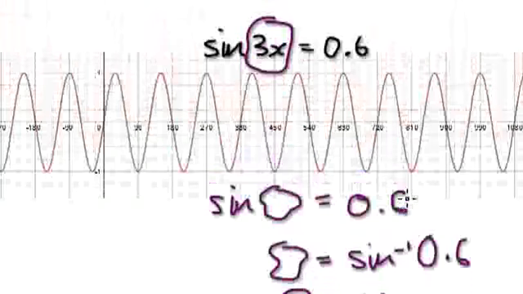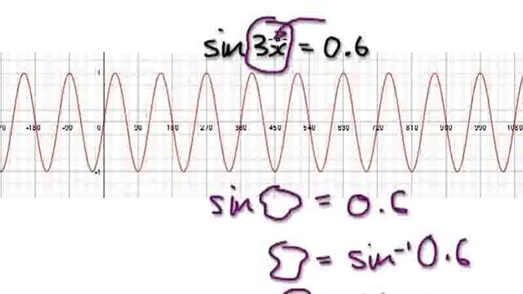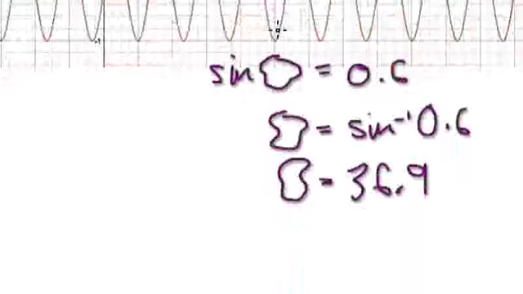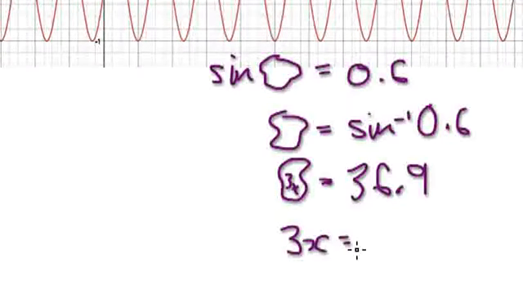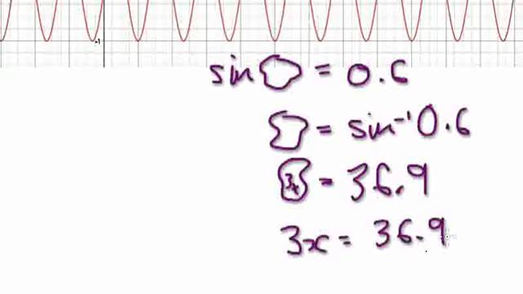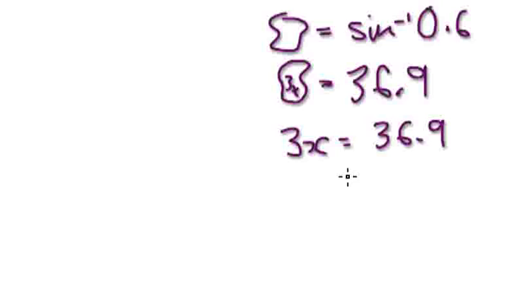Don't forget, the bubble is 3x inside here. So you can just say 3x equals 36.9. To find out x, you would divide both sides by 3.